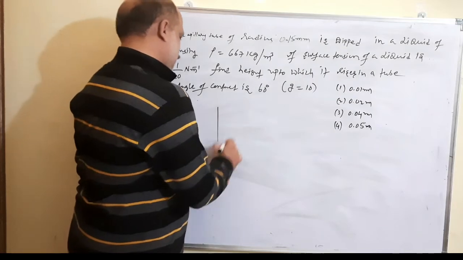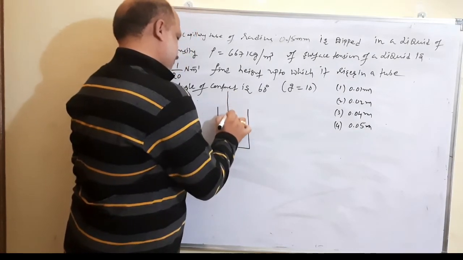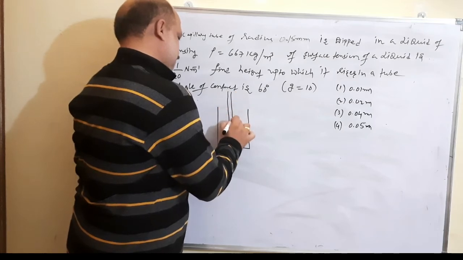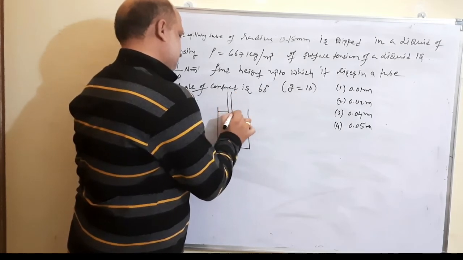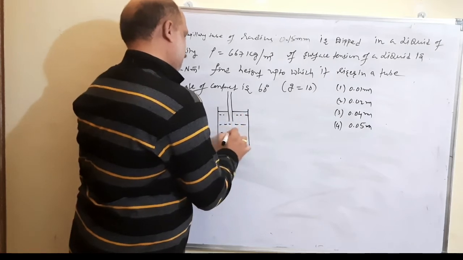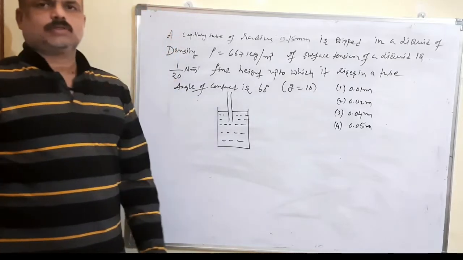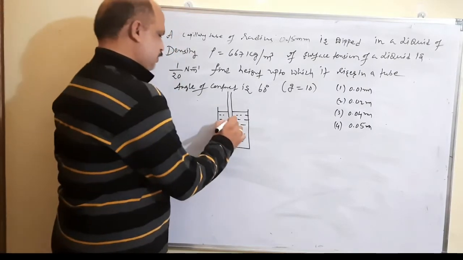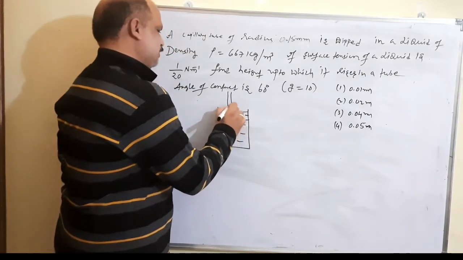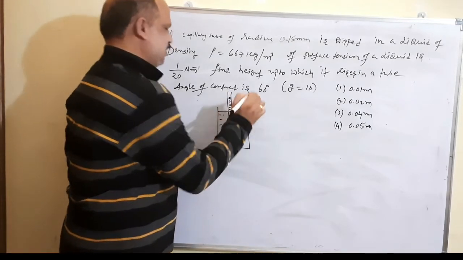So this is a capillary tube. This capillary tube is dipped into a liquid. This is the liquid. Then the liquid rises in the capillary tube up to height h.